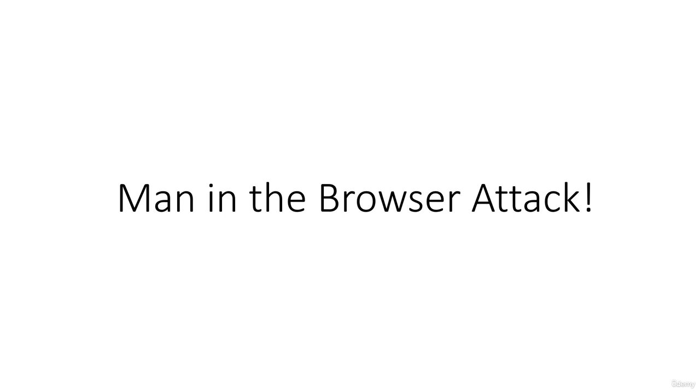Now I don't want to trivialize this, but this is not necessarily a simple thing, and we are going to assume that the victim has some sort of vulnerability in their browser or in their operating system.